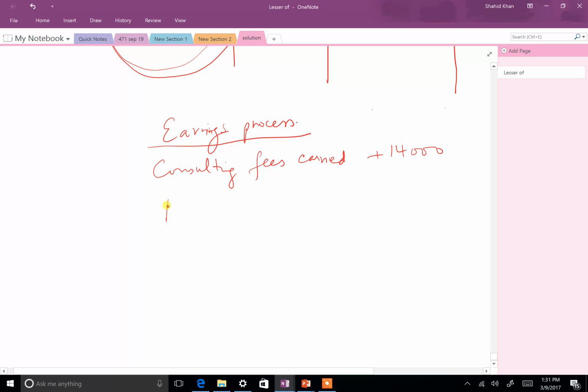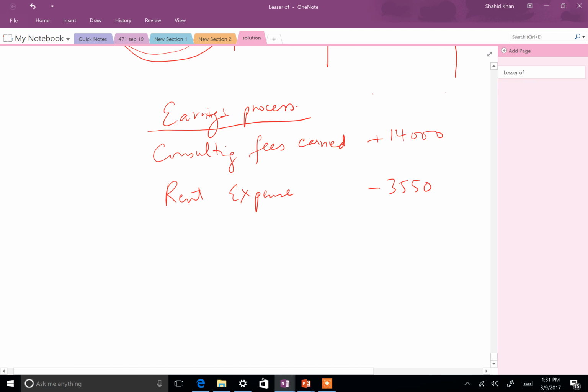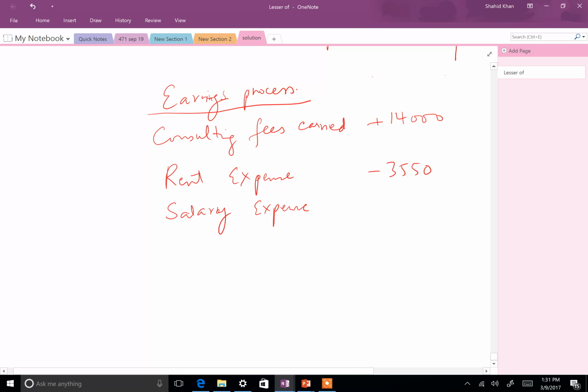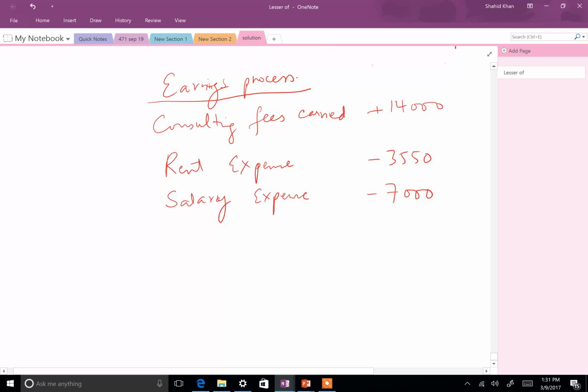So rent expense is the first one, that's minus 3,550. Next is salary expense, which is minus 7,000. I'm putting these plus and minus signs just to clarify things for you.